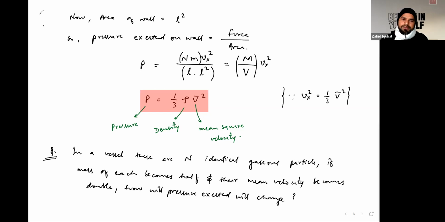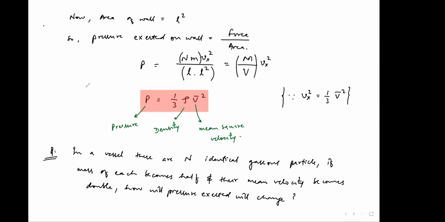Fatma, any idea how to solve? No, sir. You have written up to this part? Yes, sir. Okay. Since we have the formula, pressure exerted by gas is 1 by 3.